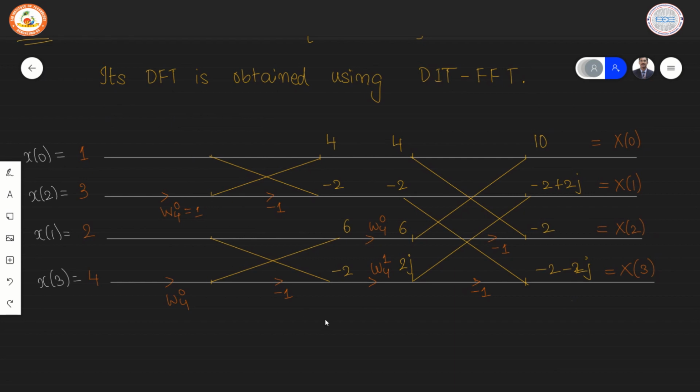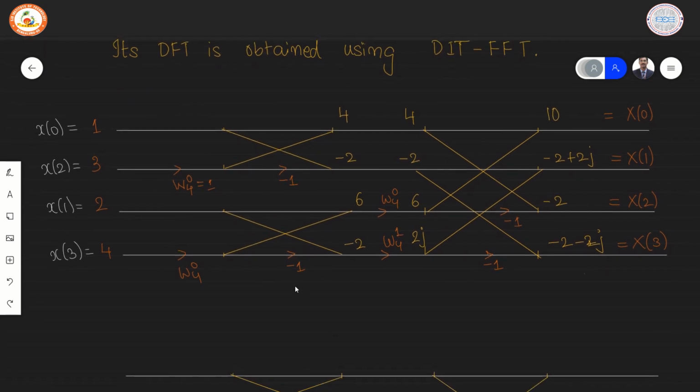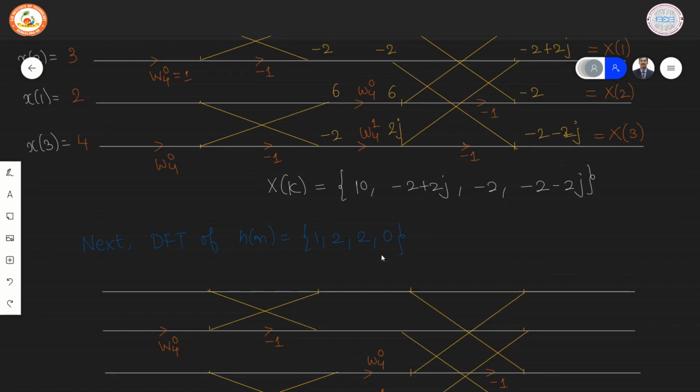We can express the answer in a sequential form. The answer, X of k, is 10, -2 plus 2j, -2, -2 minus 2j.